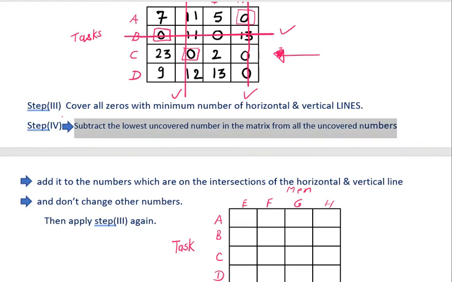Now uncovered means the numbers which do not lie on these lines, two vertical lines and one horizontal line. The numbers which do not lie on these three lines are uncovered numbers. So 7, 5, 23, 2, 9, 13. These are the uncovered numbers. Other numbers are covered numbers, covered by these three lines.